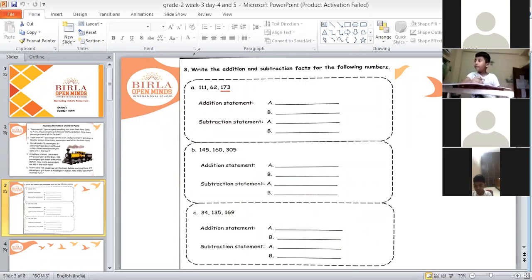So, children, we will write here 111 plus 62 equal to 173. Okay, so what we did, children? See here.